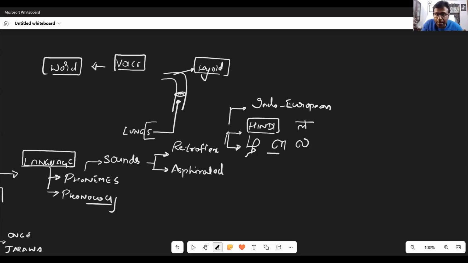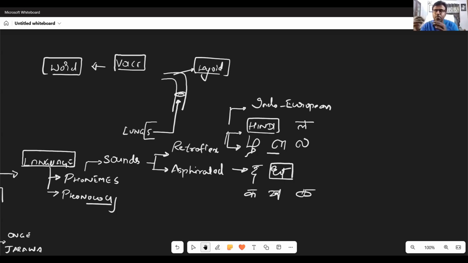So this is retroflex. Aspirated is one more aspect of the sound. See, in Hindi, there is this, and there is also something kind of like this. That is kha. This is kha in Hindi. Sorry, this is kha. Then there is kha. In Tamil, you have, I think, see again, I'm very sorry, only ka, okay?